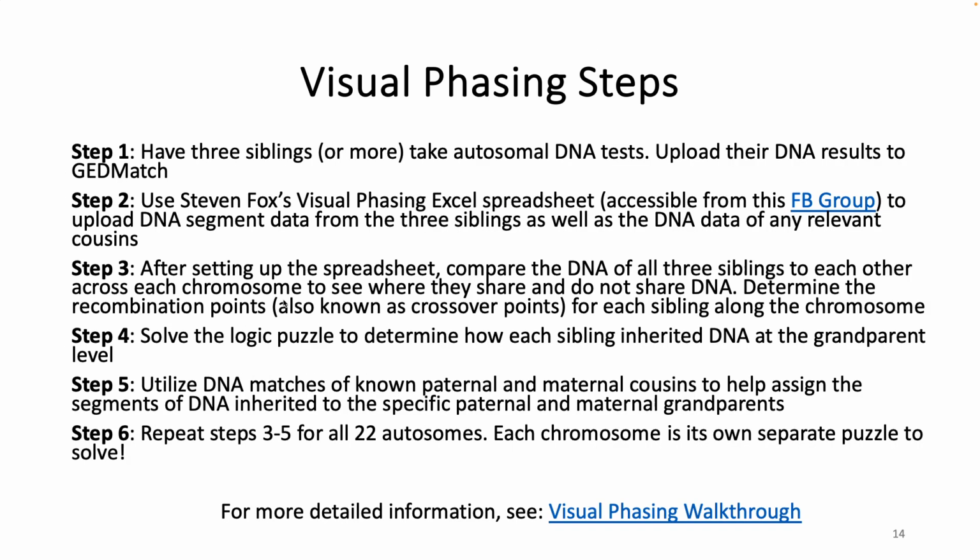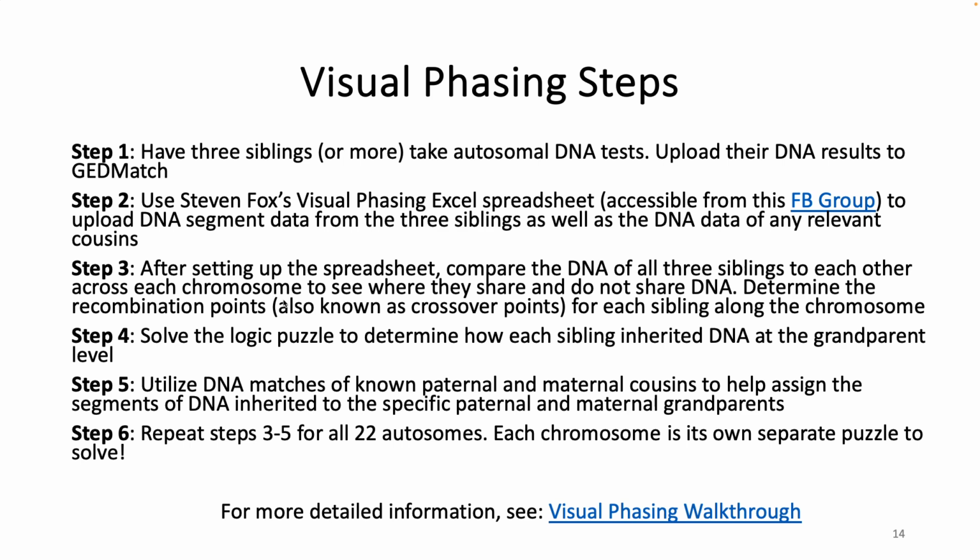I've tried to outline the steps broadly of how to do visual phasing, and there are some more links that I will include that people will be able to access so they can learn more, but I will go over these steps in more detail. So step number one, you need to have 3 siblings or more take autosomal DNA tests.